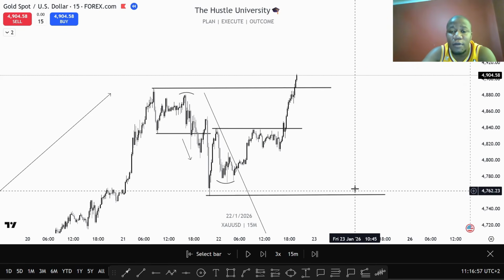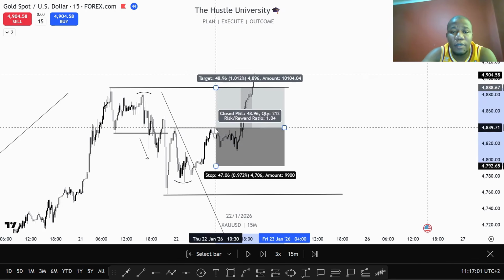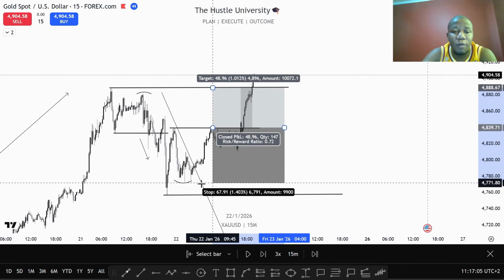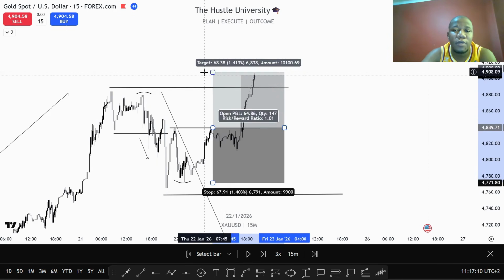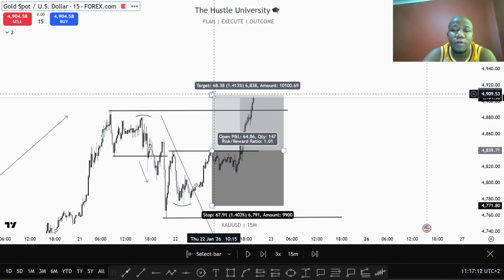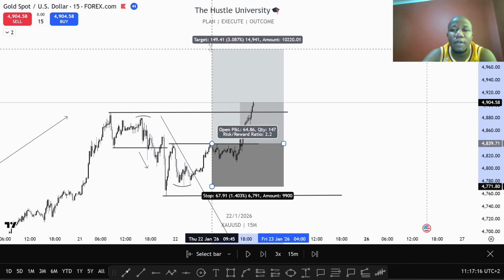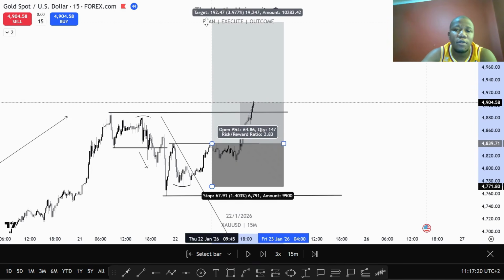One could have easily said, okay, I'm going to have a buy position at this level over here, stop loss below the higher lows created, and I'm going to take my 1:1 position, or I'm just going to continue taking maybe even a 1:3, or whatever the case may be. 1:2, 1:3, you get what I'm saying?